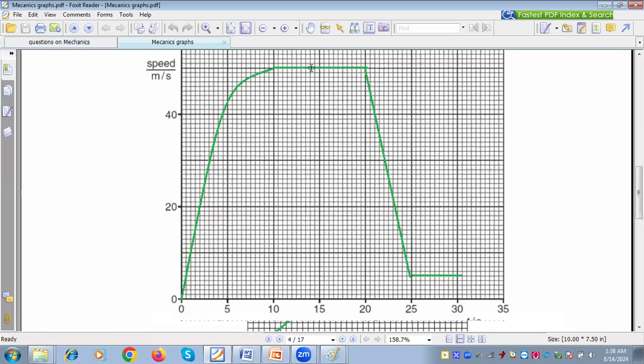This is 50 here. And then he continues traveling at this speed from 10 to 20 seconds. That means for a further 10 seconds he goes at that speed. And then the parachutes are opened. When parachutes are opened, that means the upward force will be greater than the downward force.